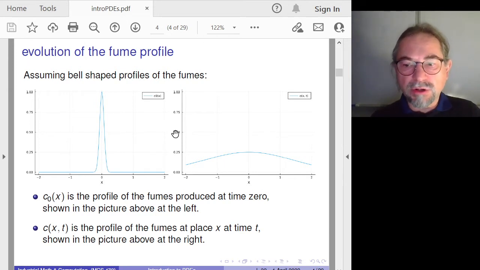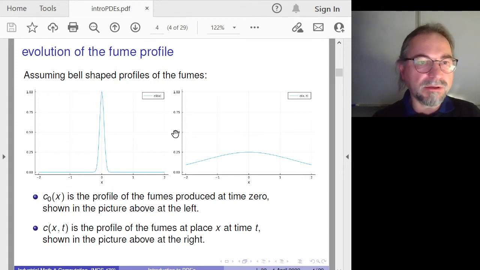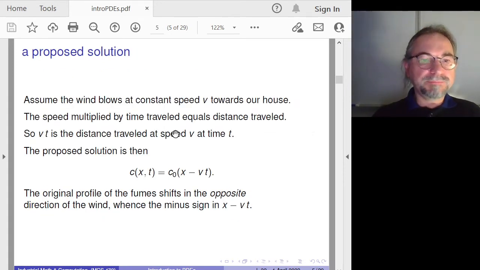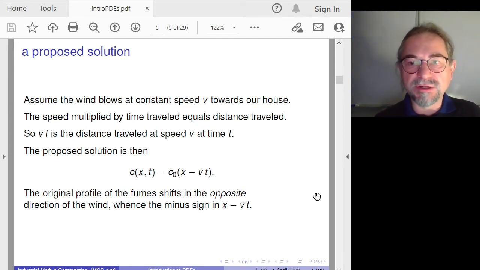What is the evolution of the fume profile? Here is a solution. Assuming that the wind is blowing at constant speed, then speed multiplied by time equals distance traveled.